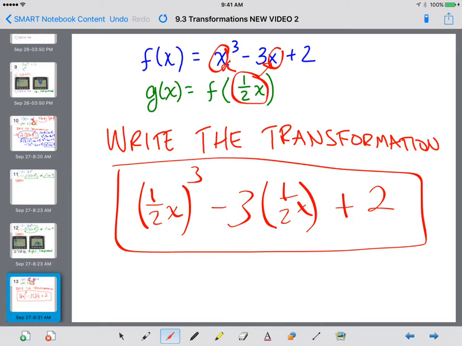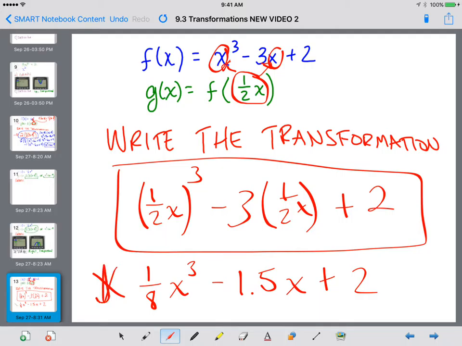But if you were to simplify it, you would take 1/2 to the third power, which would be 1/8 x to the third power minus 3 times 1/2 would be, we can go with a decimal, 1.5x plus 2. Now, either one works. You can use the simplified version or the original.